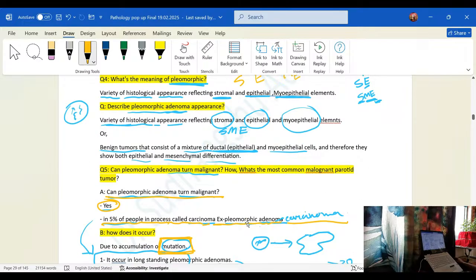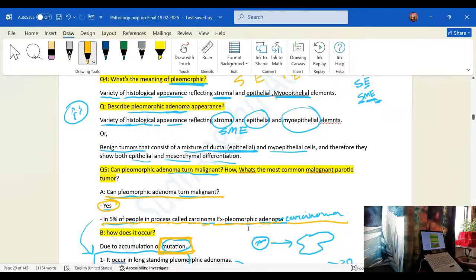Can pleomorphic adenoma turn malignant? Yes.